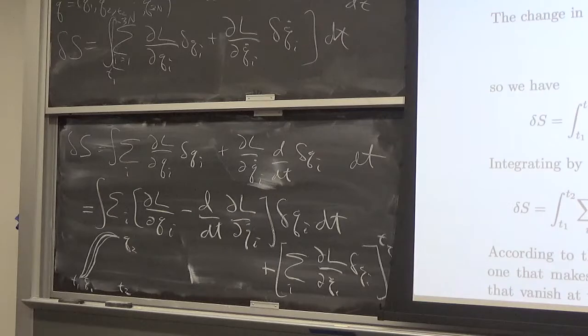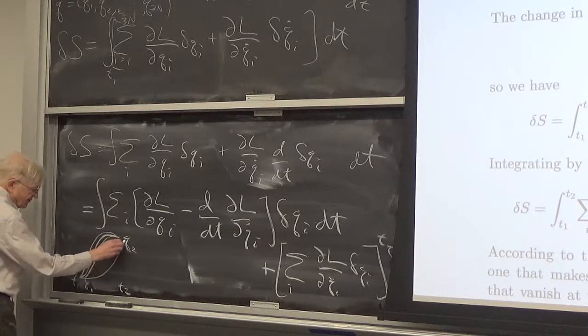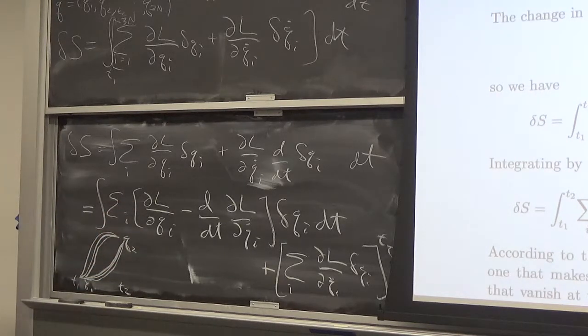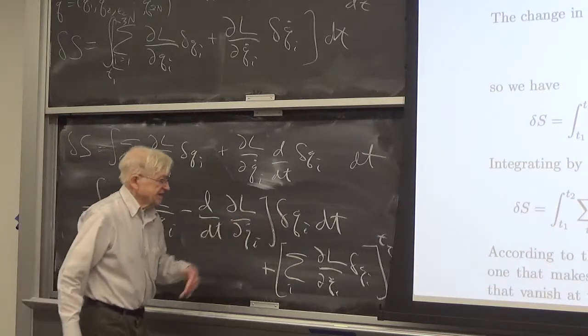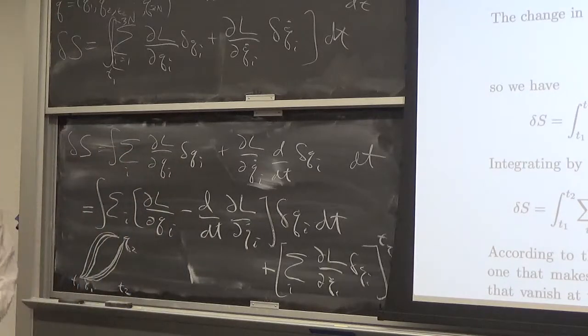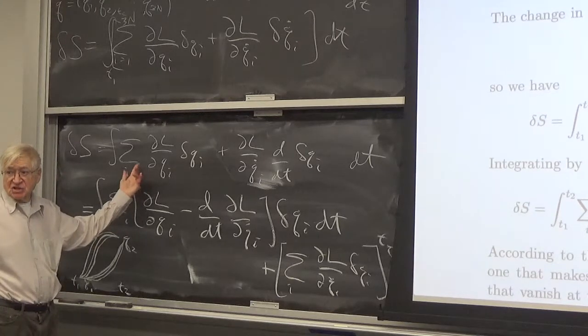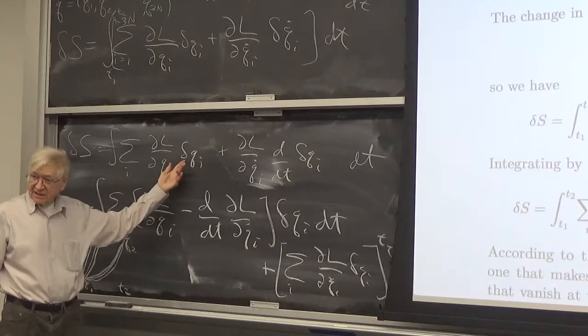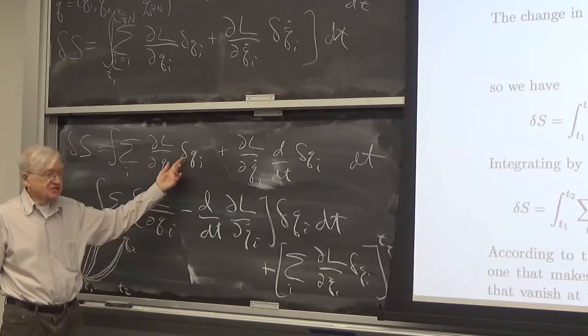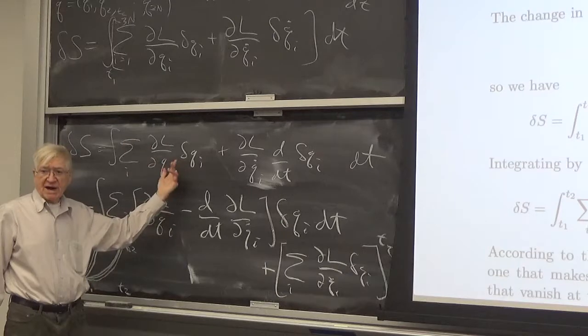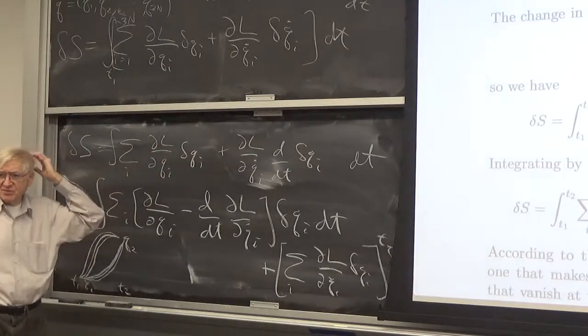And so the point is that the true path is one such that when you do vary it slightly, the change in the action to first order, to lowest order in the change in Q, is 0. Notice that if we're trying to do this exactly, the change in the action would not just be linear in delta Q. It would involve quadratic terms and cubic terms and cross terms of all kinds.